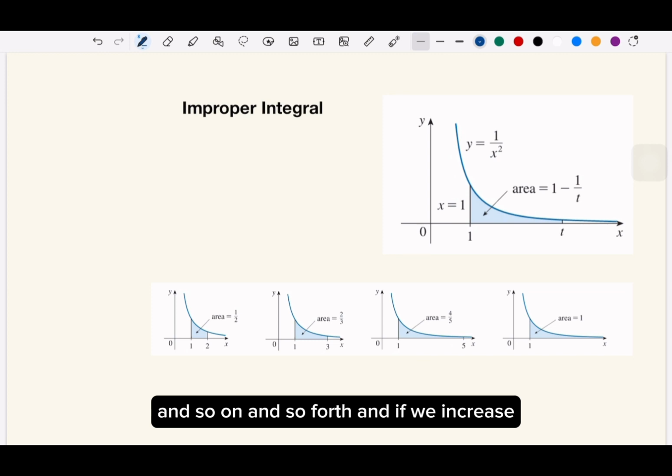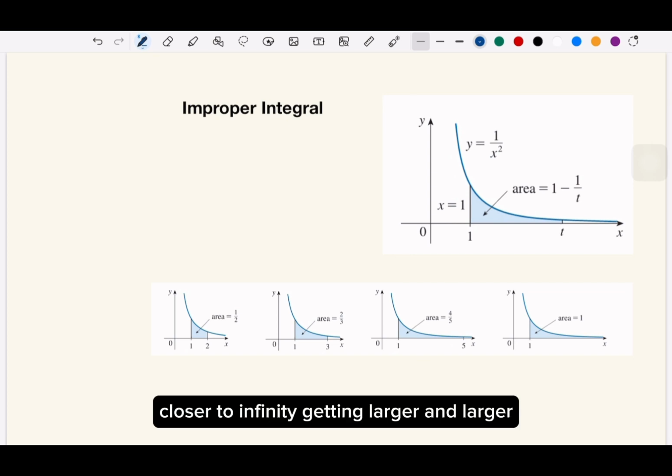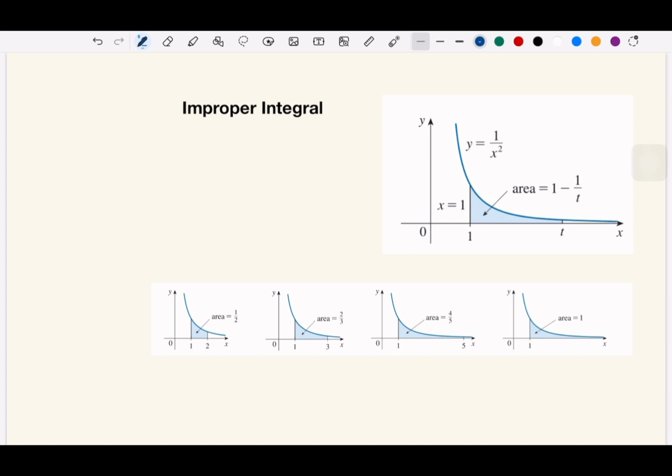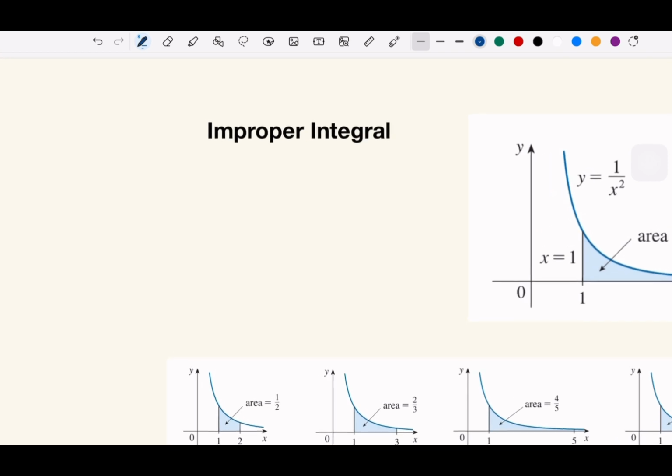And if we increase the endpoint, from 1 closer to infinity, getting larger and larger, the area is actually 1. Okay, so let me give you the relations. So we start with this.